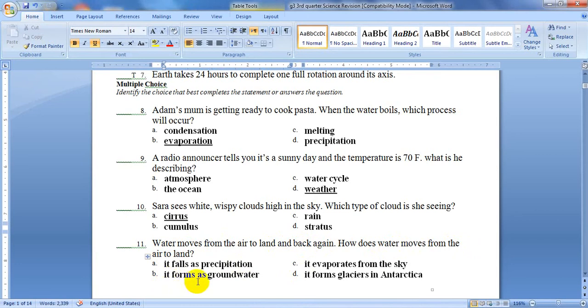It forms as groundwater. It evaporates from the sky. It forms glaciers in Antarctica. Of course, when it's getting down from the air to land, it falls as precipitation. And we said that precipitation means rain, snow, sleet, or hail.